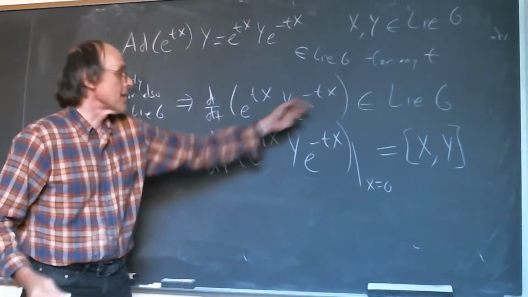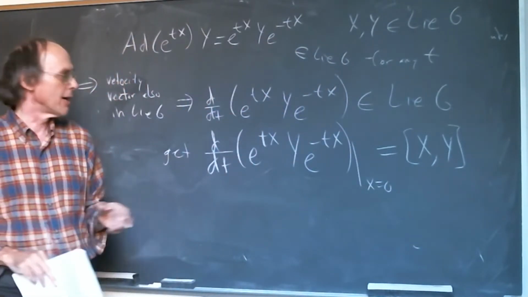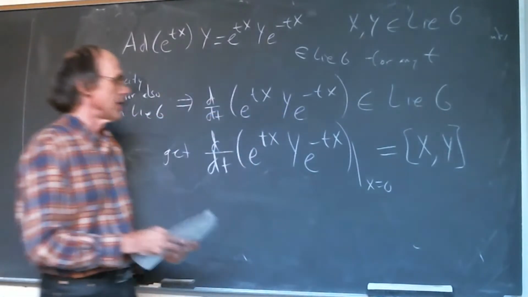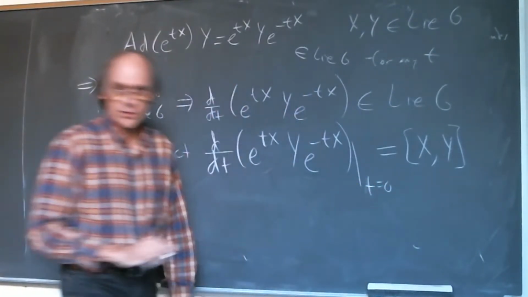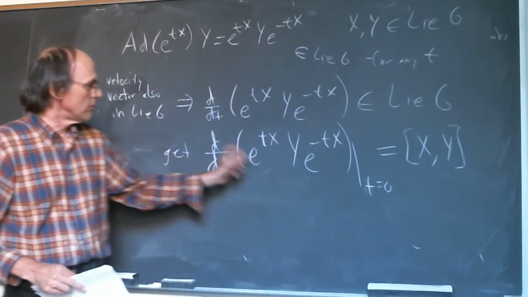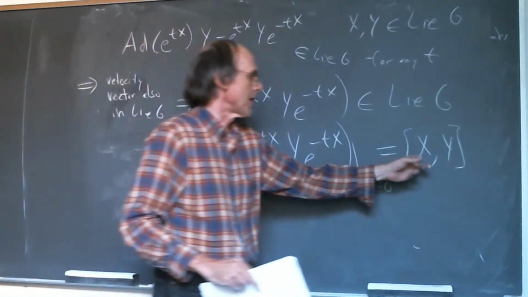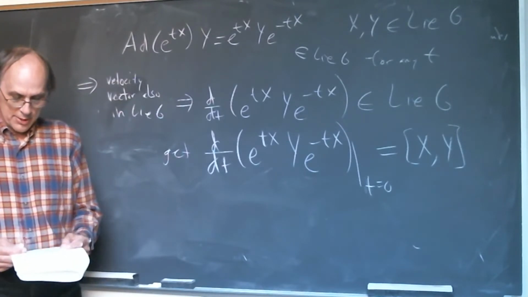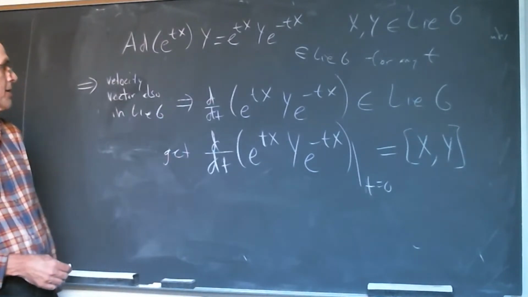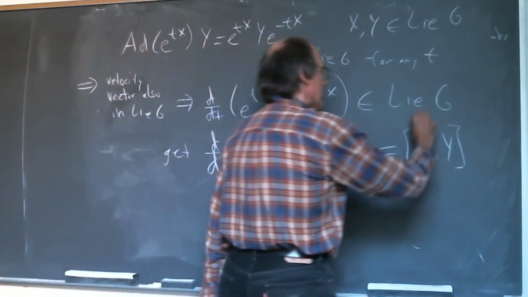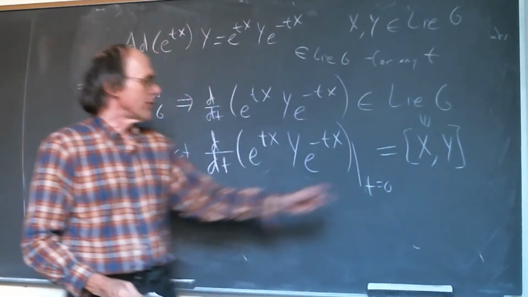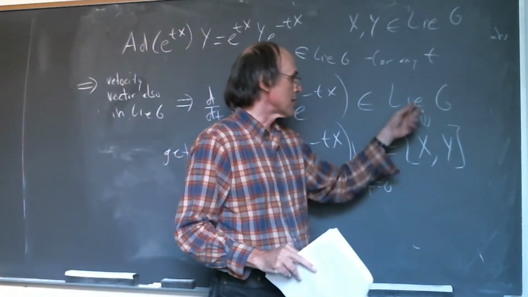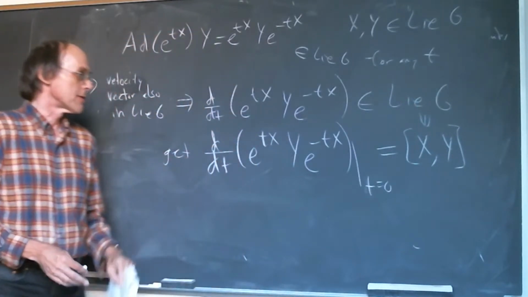If you compute this out, you get two terms using the product rule, and then put t equal to 0 in the two terms, and you'll just get XY minus YX. This tells us that if we take any two X and Y in the Lie algebra and take the commutator of the matrices, it's still in the Lie algebra.